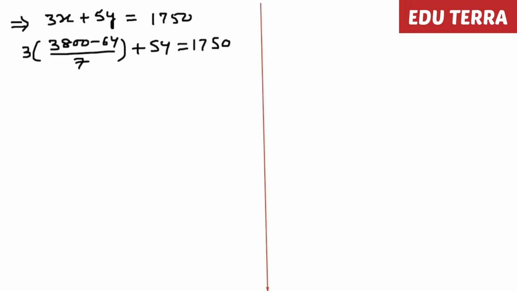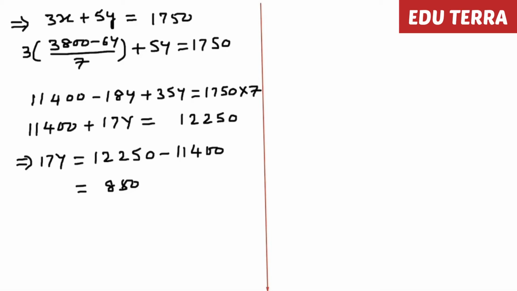Okay, now solve it by taking LCM. You will get, multiply by 3 and take LCM as 7, then cross multiply, and 17y. So y equals to 850 upon 17. So divide it, you will get 50 rupees.